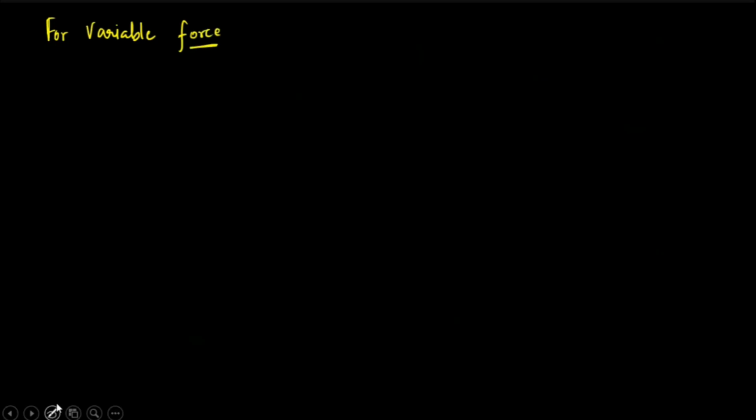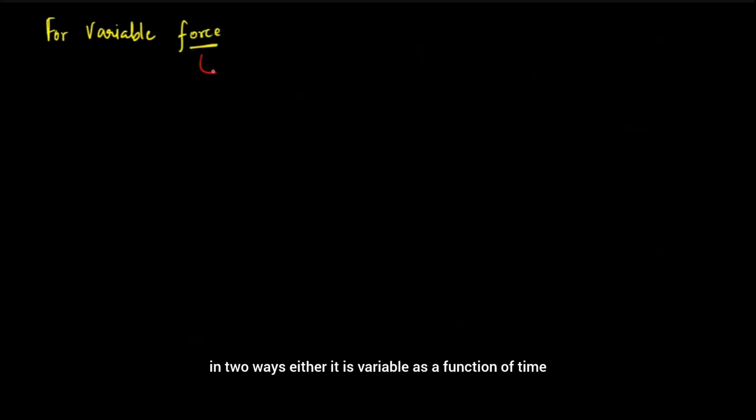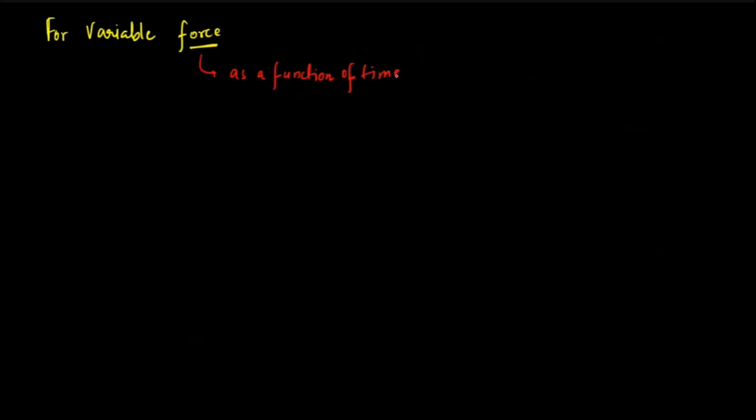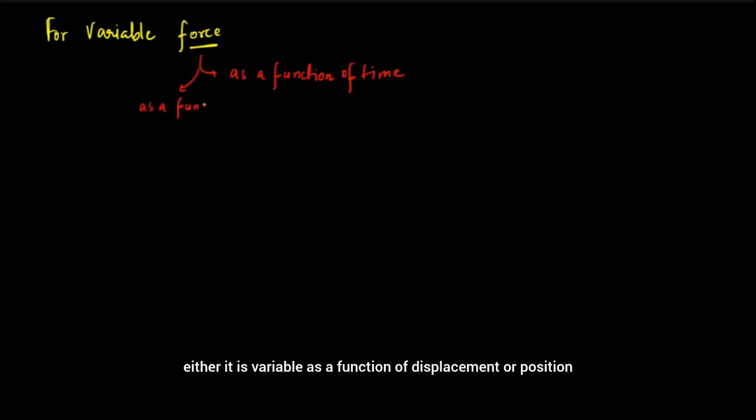Now this variable force can be variable in two ways. Either it is variable as a function of time, or it is variable as a function of displacement or position.